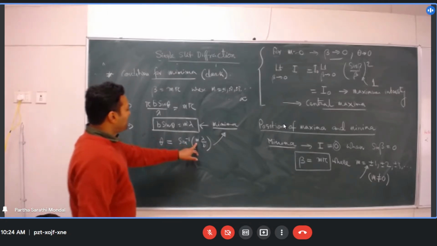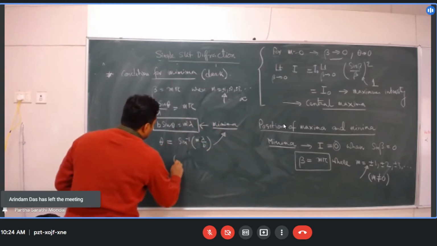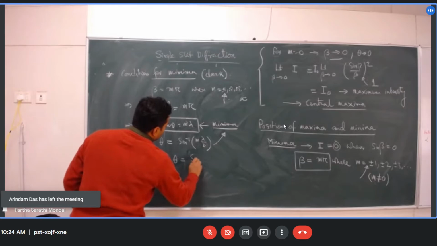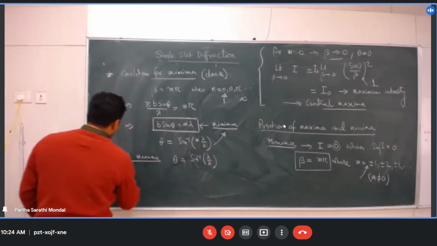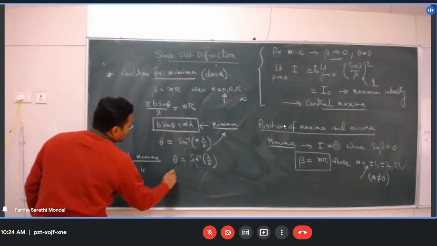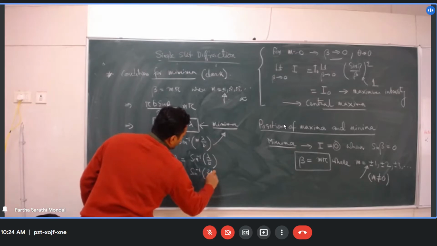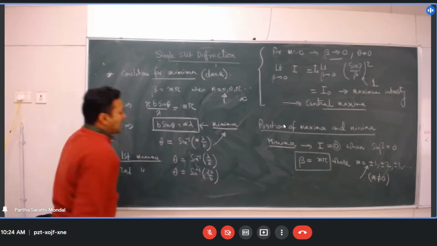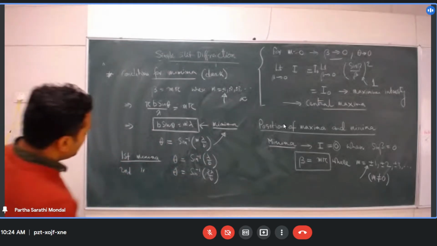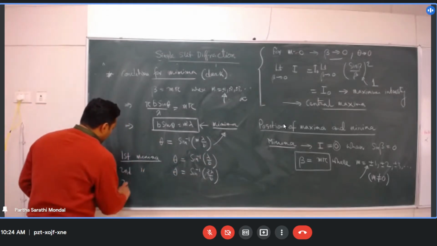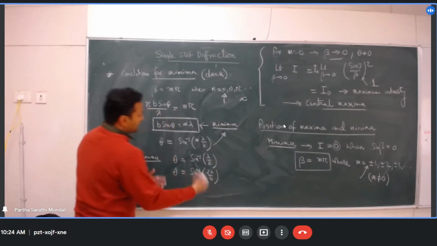First minima means m equal to 1. So theta will become sine inverse lambda by b. What will the second minima be? Similarly, theta will be sine inverse 2 lambda by b. Now lambda by b is a numerical value. So see, if I go from first, second, third, this value is getting increased.